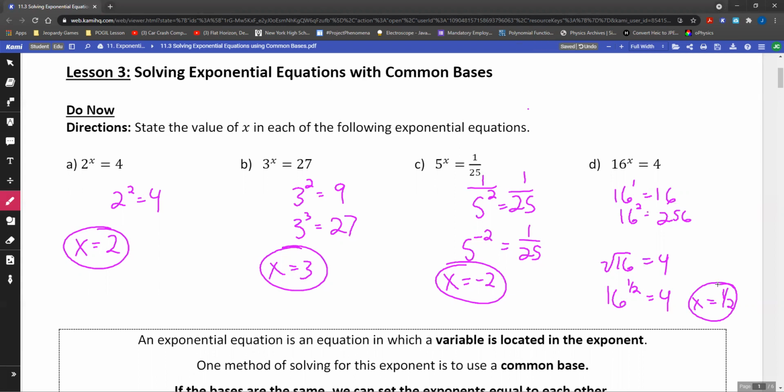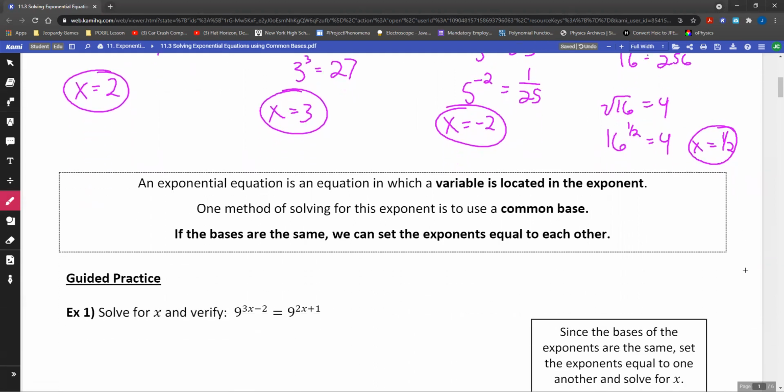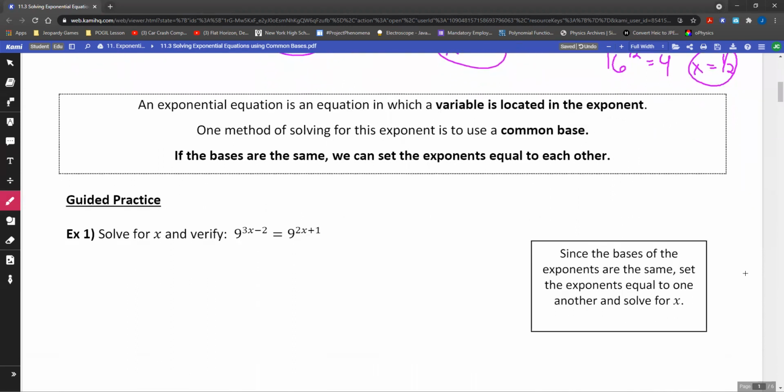All right. So going down here to the actual lesson, an exponential equation is what we refer to as an equation where there's going to be a variable in the exponent itself. Now, in the case where we have common bases, we know that the exponents have to be the same.